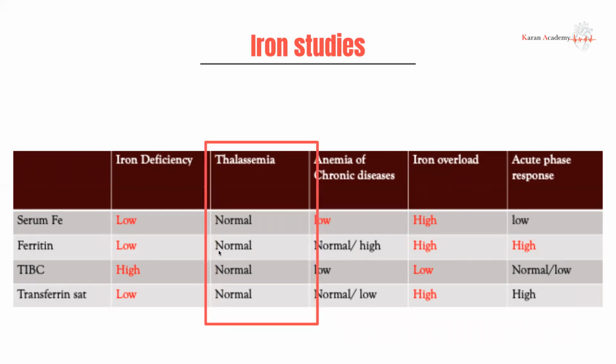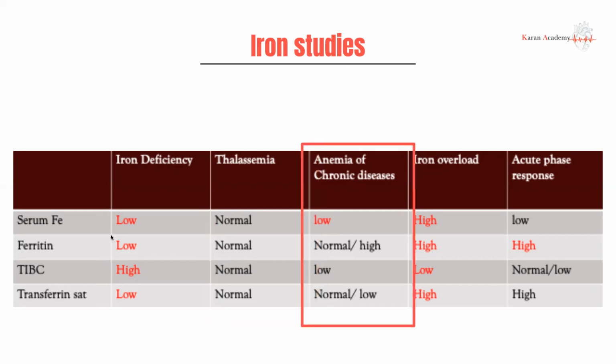Next, we have thalassemia. Thalassemia is, again, an issue with hemoglobin, and therefore iron studies will be plumb normal. You should not have issues with iron with thalassemia. You, however, can have high levels of ferritin if the patient is iron overloaded. Anemia of chronic disease. Now, this is an interesting one. Why do you get anemia in chronic disease?